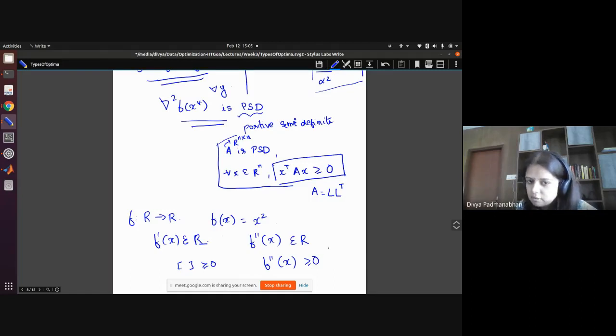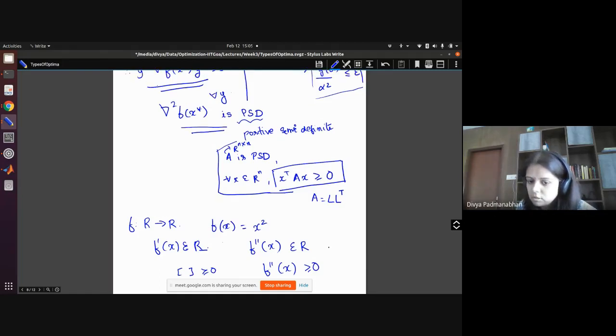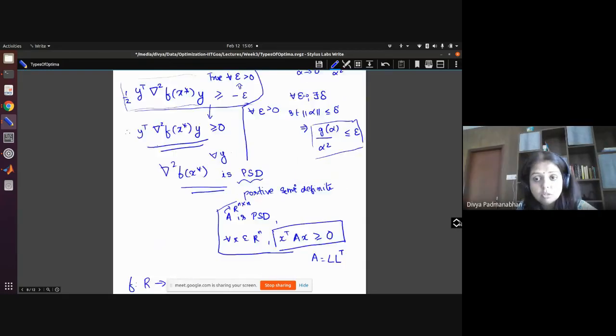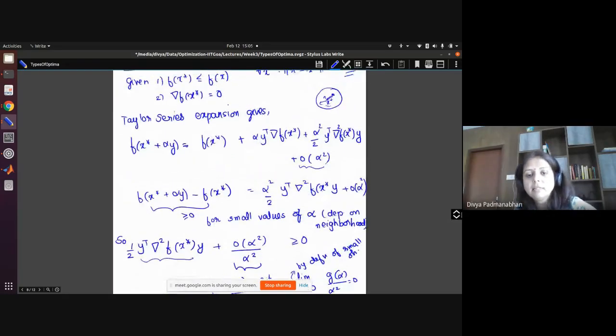For this case, the entry has to be greater than or equal to 0. Okay, was that the question? Ma'am, my question was, did we prove that the Hessian of f at x star is greater than or equal to 0, so that we can say this condition is sufficient? What do you mean by greater than or equal to 0?